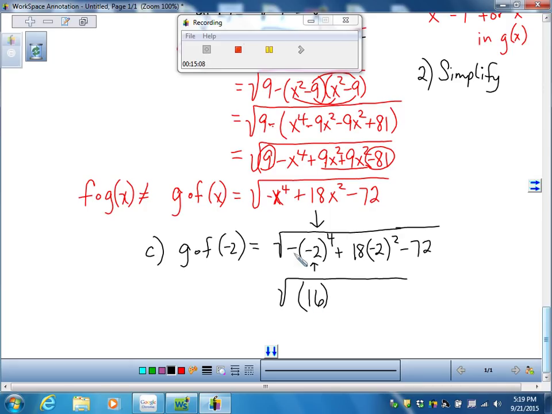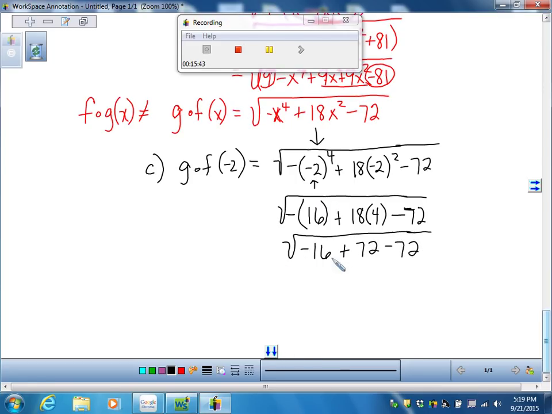On the inside, I've got my negative still on the outside, plus negative 2 squared, positive 4, so I've got 18 times a positive 4, and then minus 72. 18 times 4, my next order of operation step, 18 times 4 is 72, so I've got a negative 16 plus 72 minus 72. If we finish up the math on this, negative 16 plus 72 minus 72, those cancel. I end up with the square root of a negative 16.